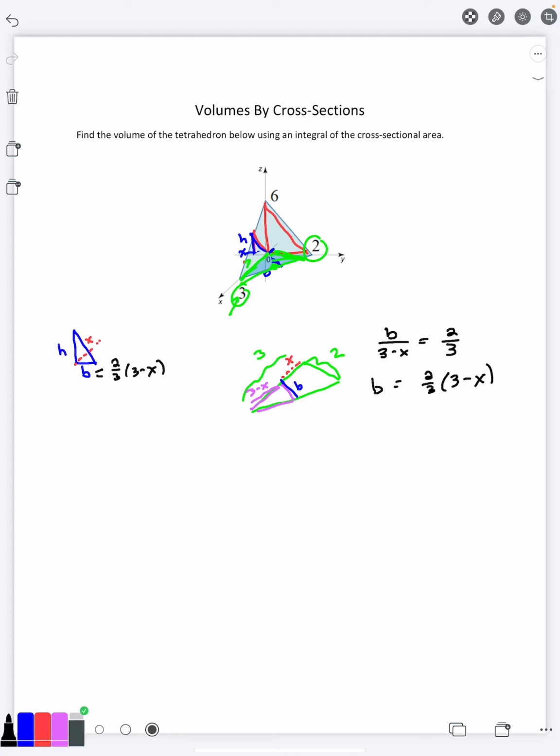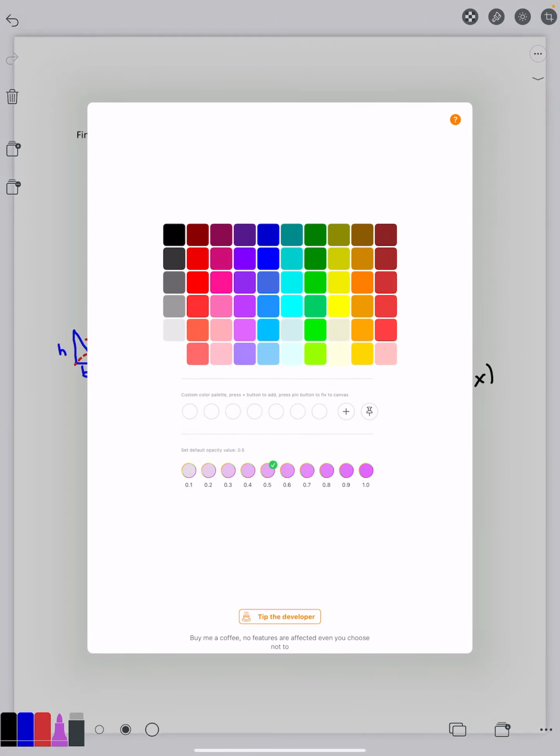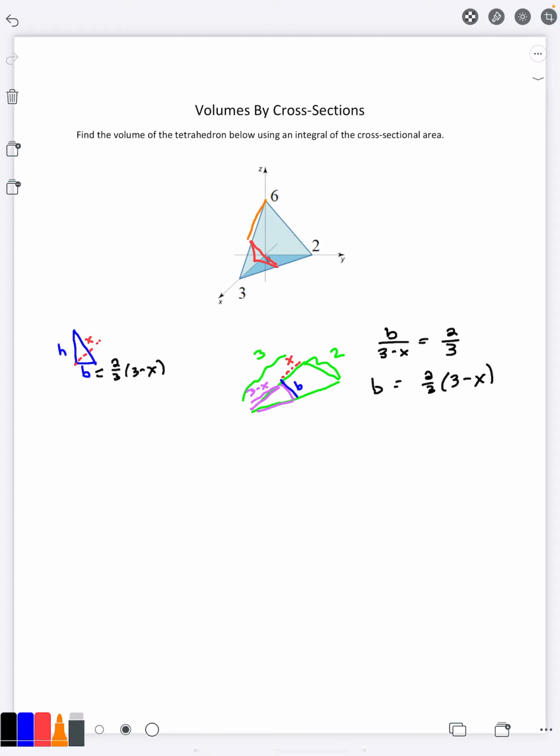Now we're going to need to do the same thing to get the height here. And to do that, we are going to look at this triangle here in the back. And I'll draw that over here. Again, we know we're looking for this h right here, and we know that the distance up there is x.